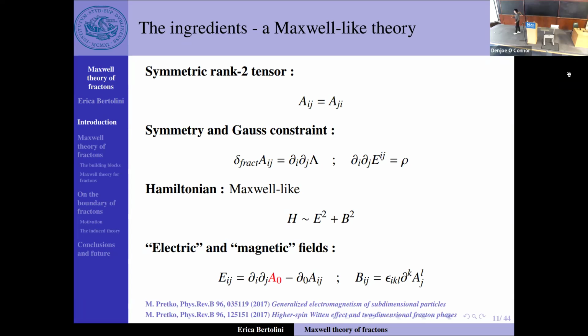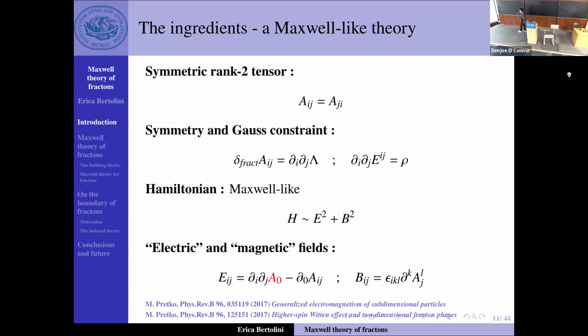The transformation of the gauge field is a gauge-like symmetry with two derivatives and a scalar gauge parameter. The Hamiltonian, as I was mentioning before, is Maxwell-like, so it's E squared plus B squared, with the electric and magnetic field with this shape.